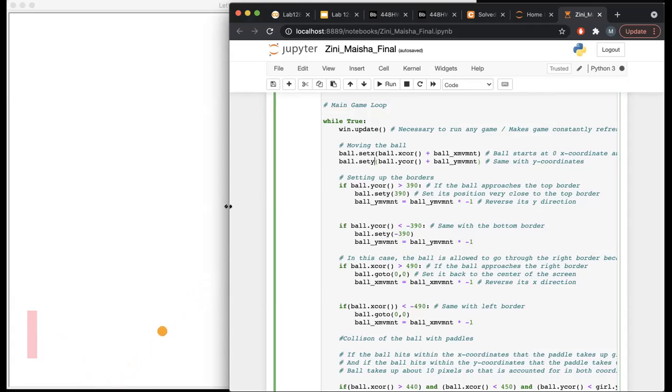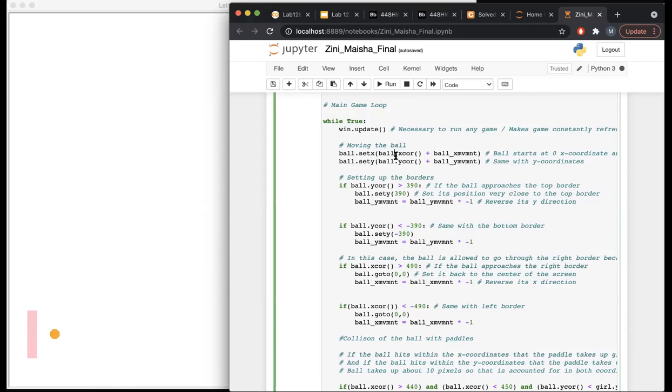So now when it comes to moving the ball, ball.setx allows the x coordinate of the ball to constantly change, right? That is defined by the x coordinate of the ball at its prior position, not necessarily its first position, but the position it was just at, plus ball movement.